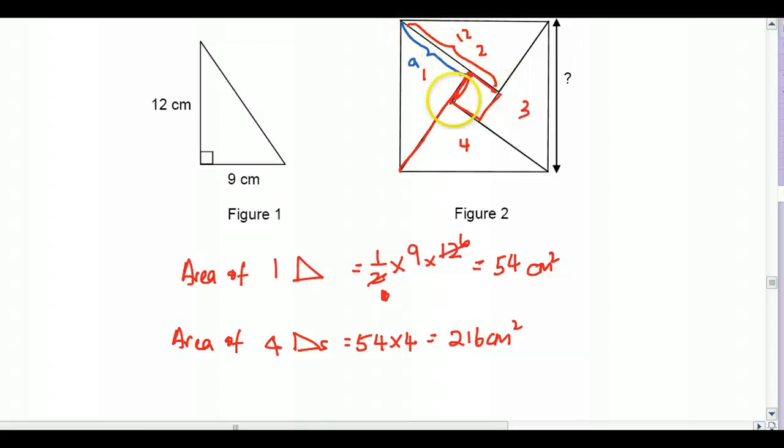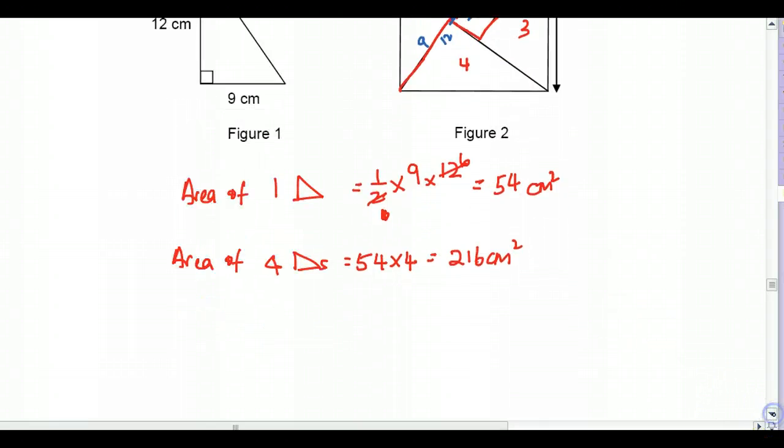So this is 12, this is 9, this is 12, this is 9. So what is this side here? So I take 12 minus 9, which is my 3, right? So my area of my small square is 3 times 3, which is 9 cm square.